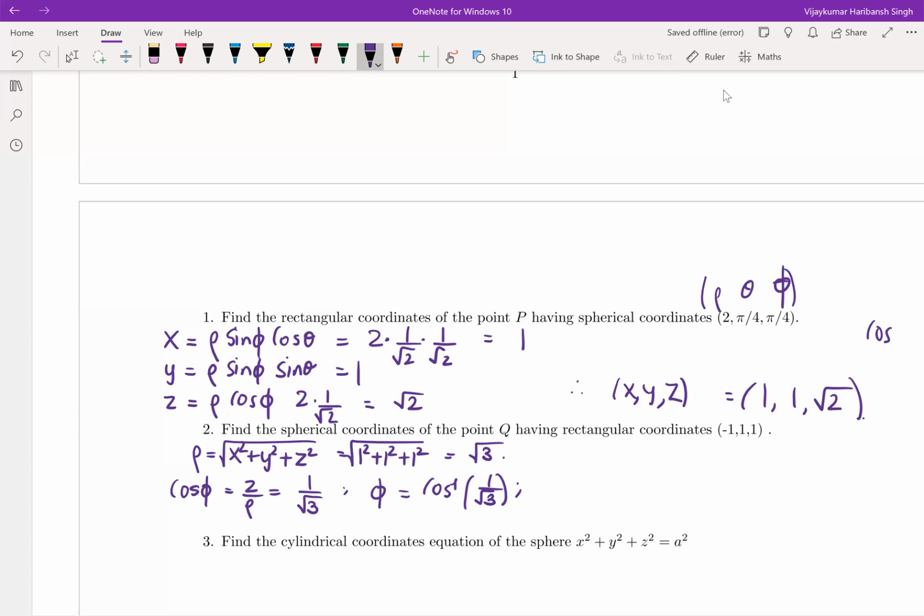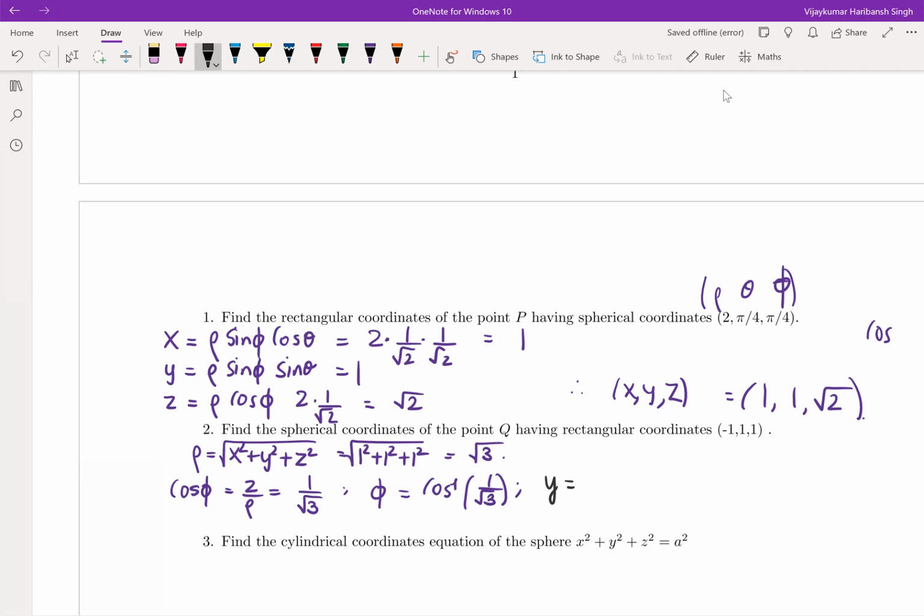And then we have cos theta equals x over r, where r is rho sine phi. Or we can write it in terms of y, because we already have cos phi.